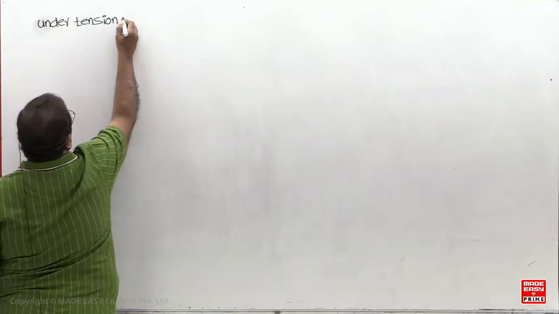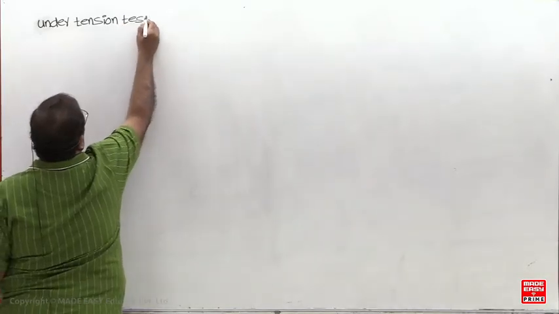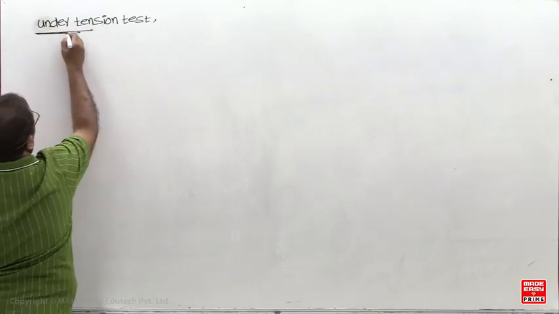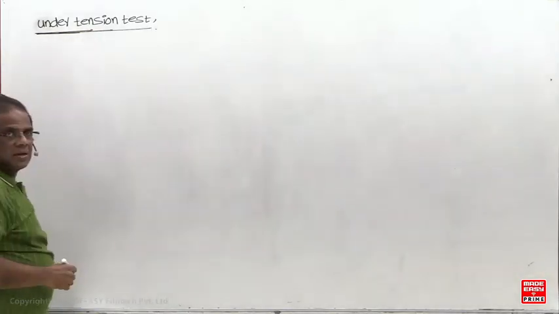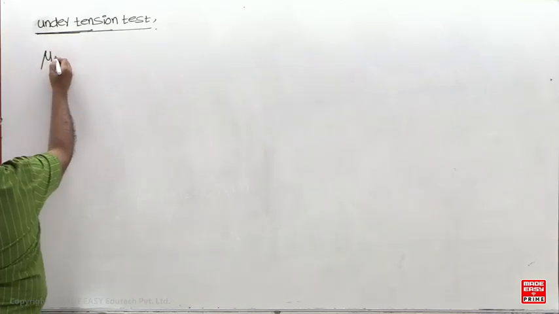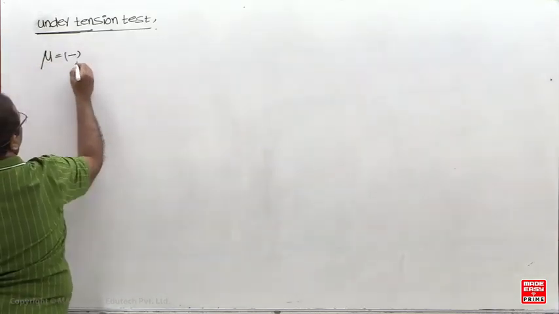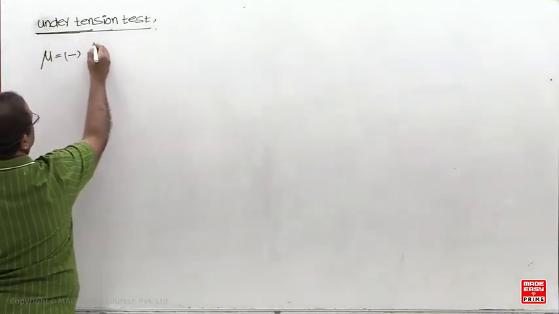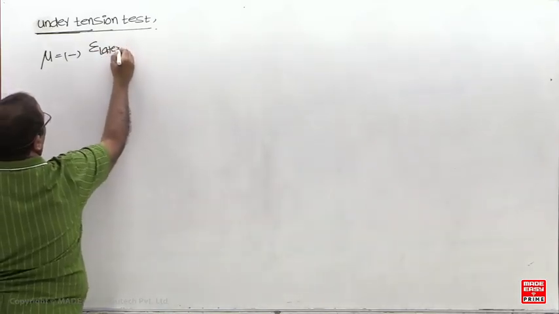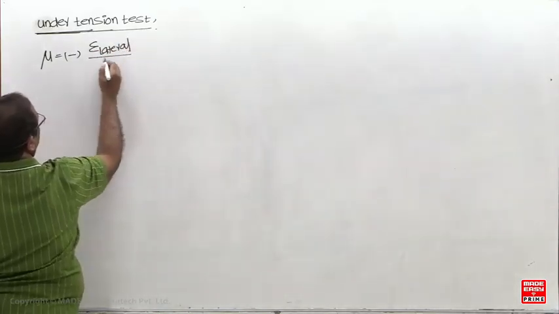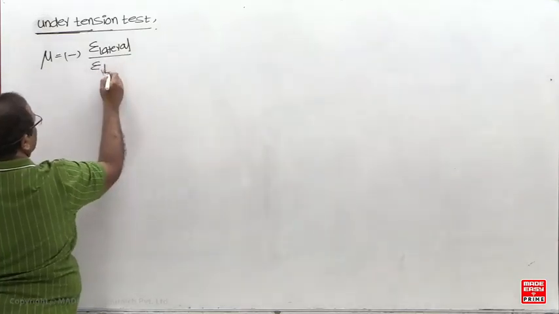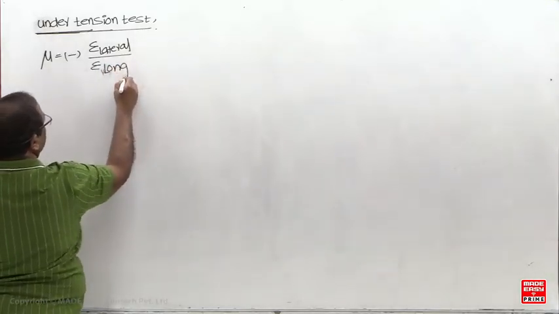Generally there is a standard question under the tension test: what is the expression for Poisson's ratio? What is the Poisson's ratio definition? Lateral strain upon longitudinal strain. A tension test is conducted under pure axial loading.